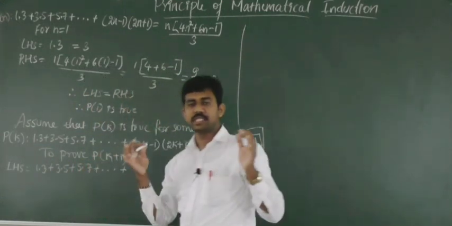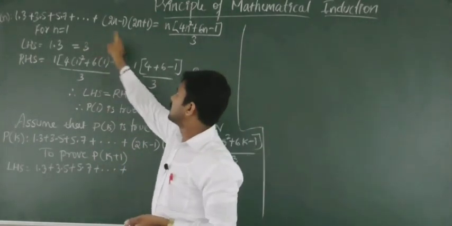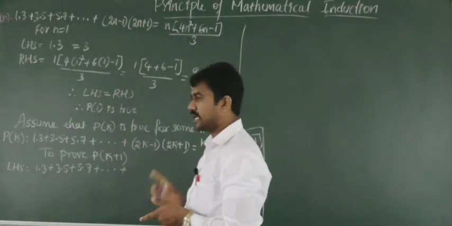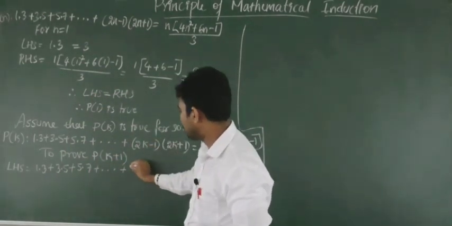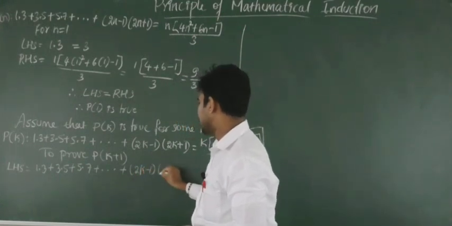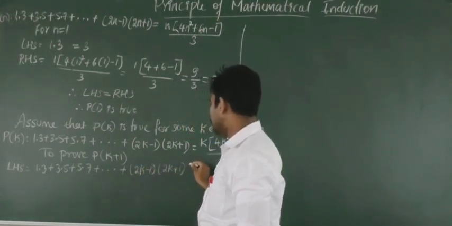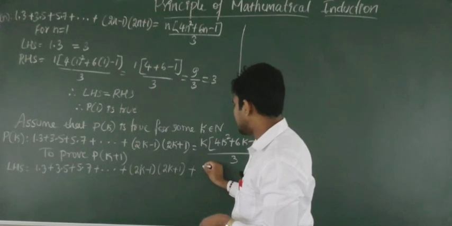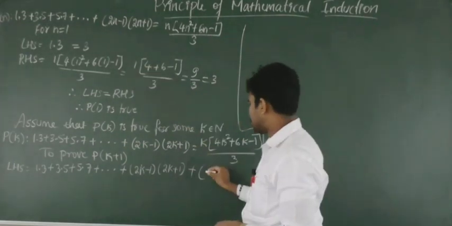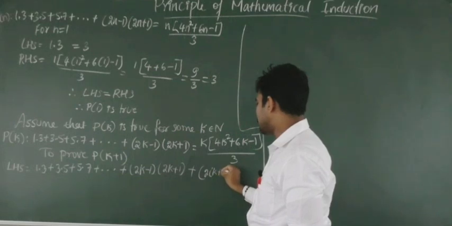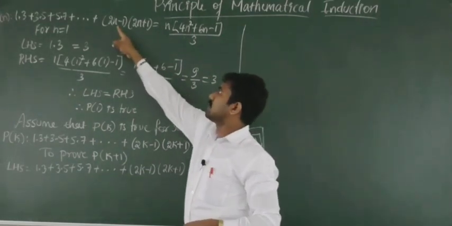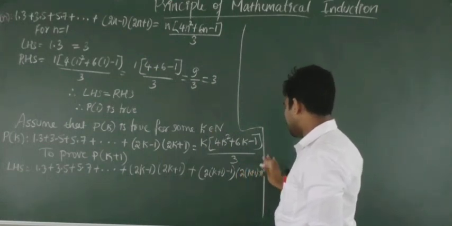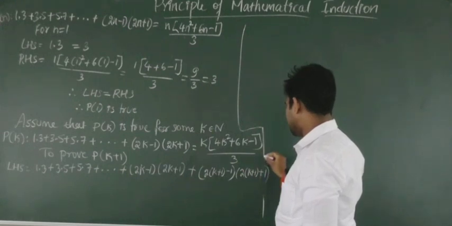Here we need to write the first k plus 1 terms. The previous term, the kth term, we already know: 2k minus 1 into 2k plus 1. Now we add the k plus 1th term, so we replace n with k plus 1. We get 2 into k plus 1 minus 1, into 2 into k plus 1 plus 1.